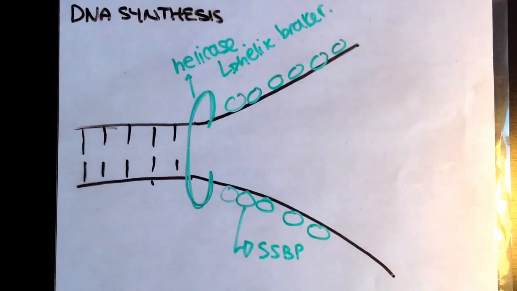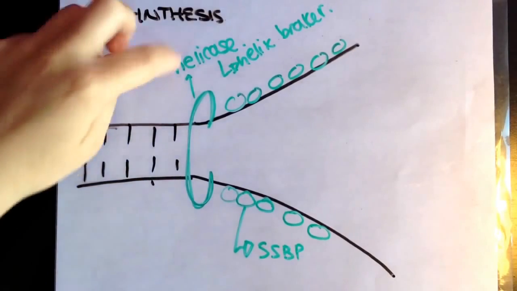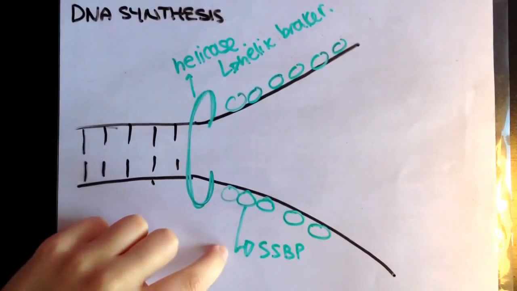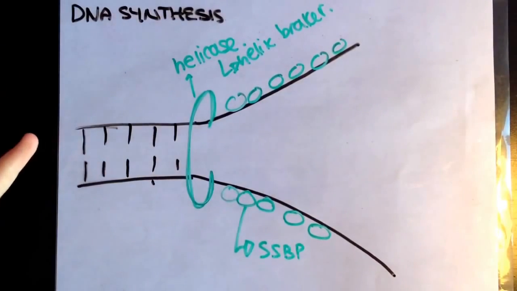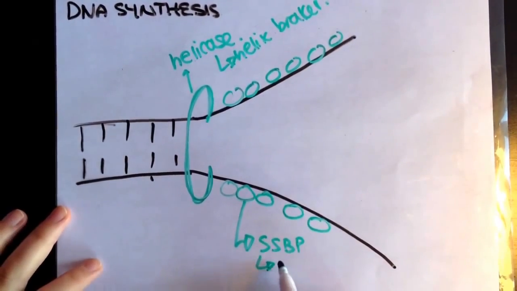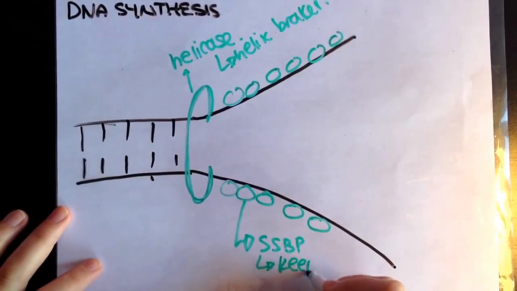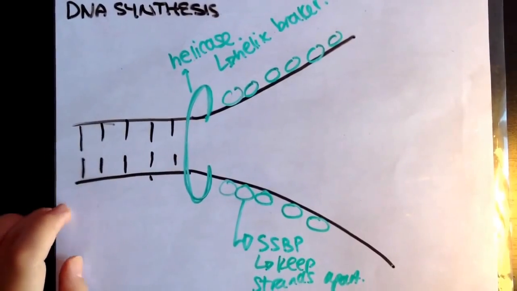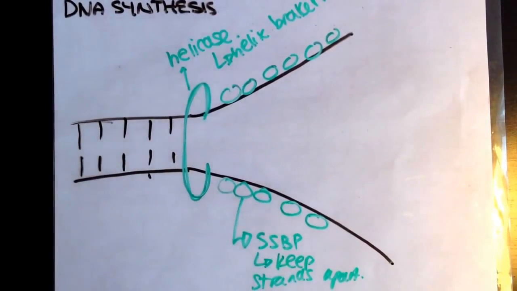So it's stabilizing the opened up helix as well. These guys are really, really important. While the helicase is opening up the helix, the single-stranded binding proteins are keeping it open. So I'm just going to simply write keep strands apart. I'm putting this in really simple terms so that it's easier to understand. Hopefully that makes sense.